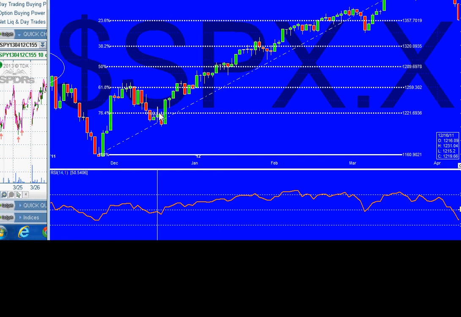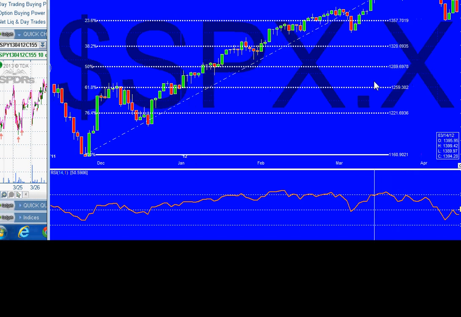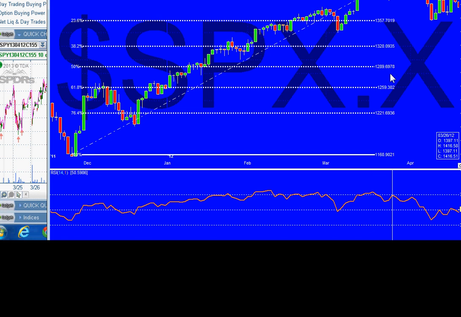So we run our fib extensions out there with the 50 right here. I don't know if you can see it. That number right there is 1289. So there's the 50 from the lower to the upper, before the pullback. 1289 is the 50.